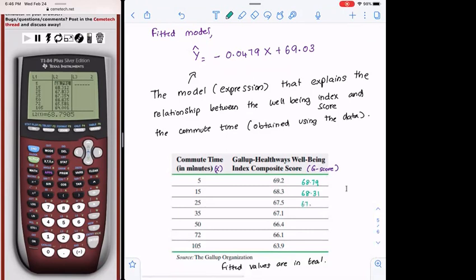The next case, we have 67.83, then 67.35, 66.64, I'm going to round it, 65.58, and 64. And you can see in most cases, the fitted values are very close to the actual value. So our model is actually doing a good job.